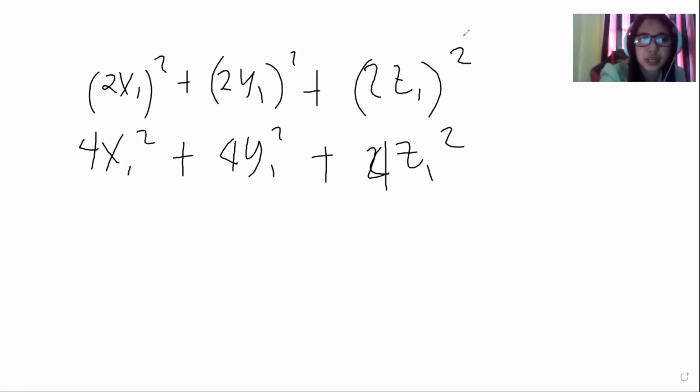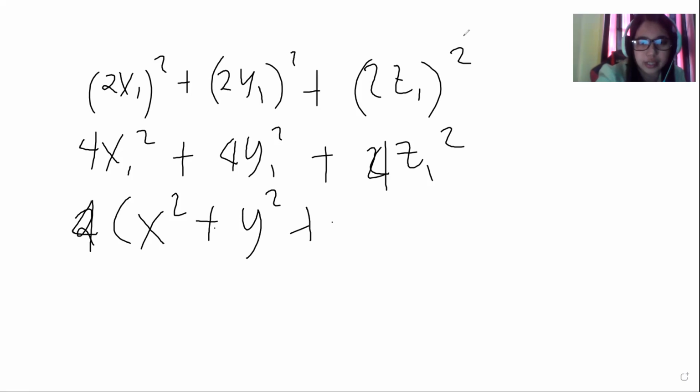Here we can bring out 4, and what is retained inside is x sub 1 squared plus y sub 1 squared plus z sub 1 squared.